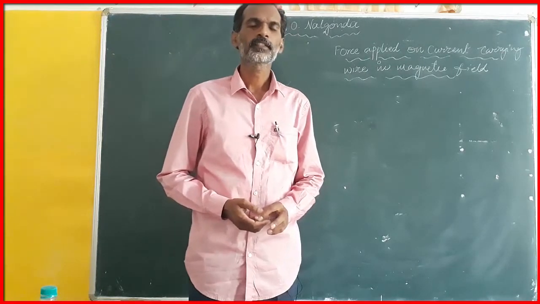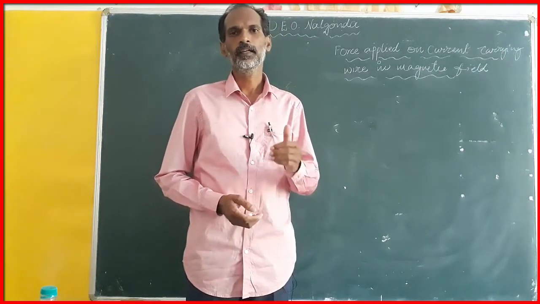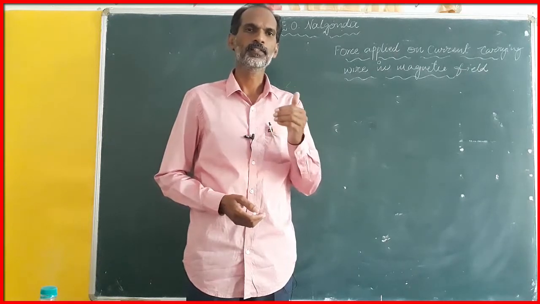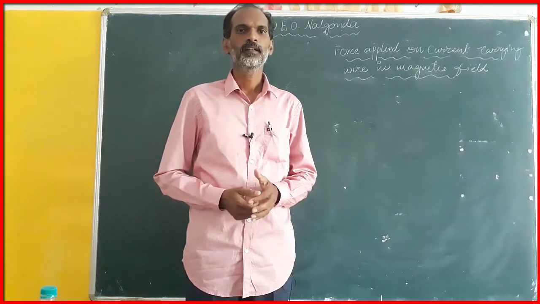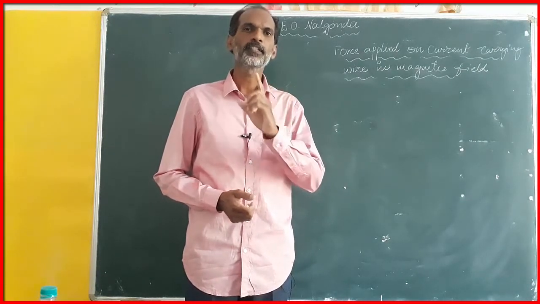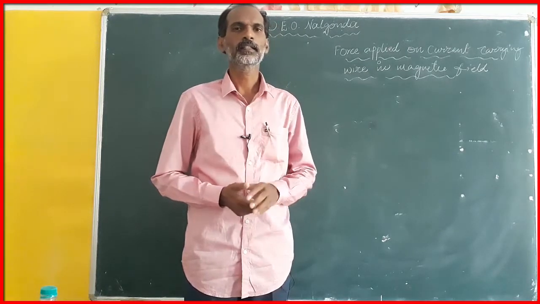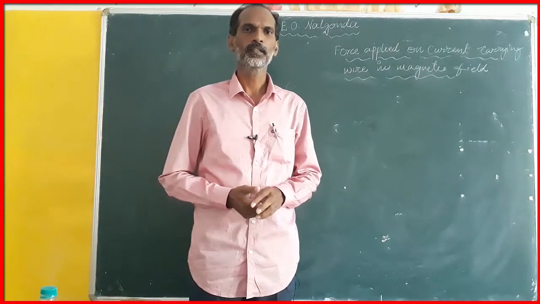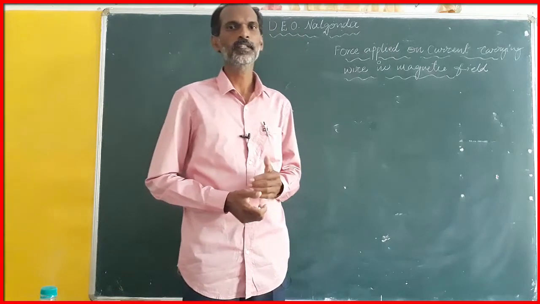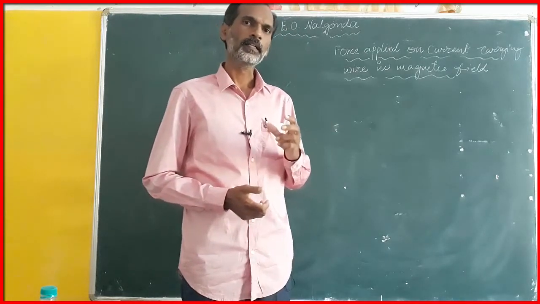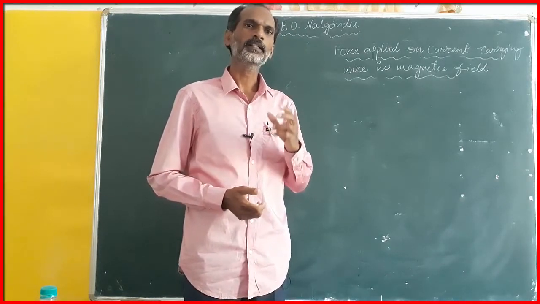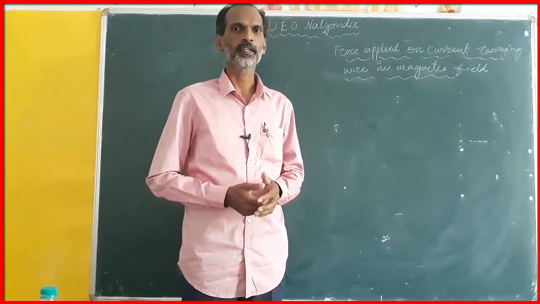In our previous class we have seen that when an electric current passes through a conductor, a magnetic field is produced around the current carrying conductor. In this class we will see what happens when the current carrying conductor is placed in a magnetic field.